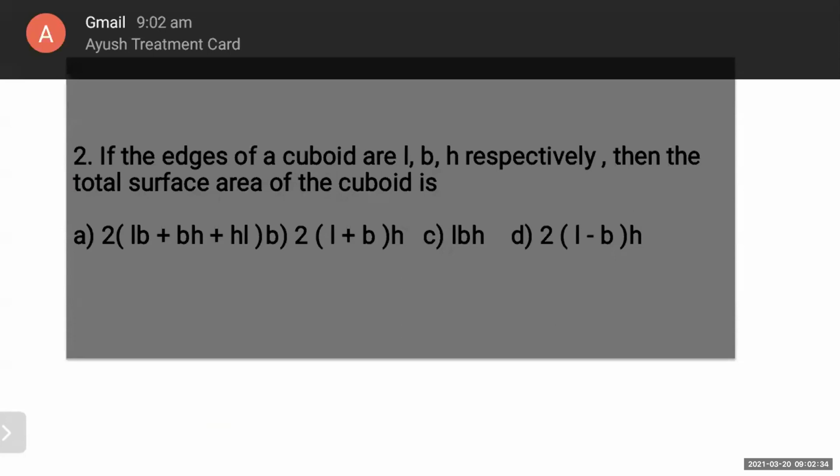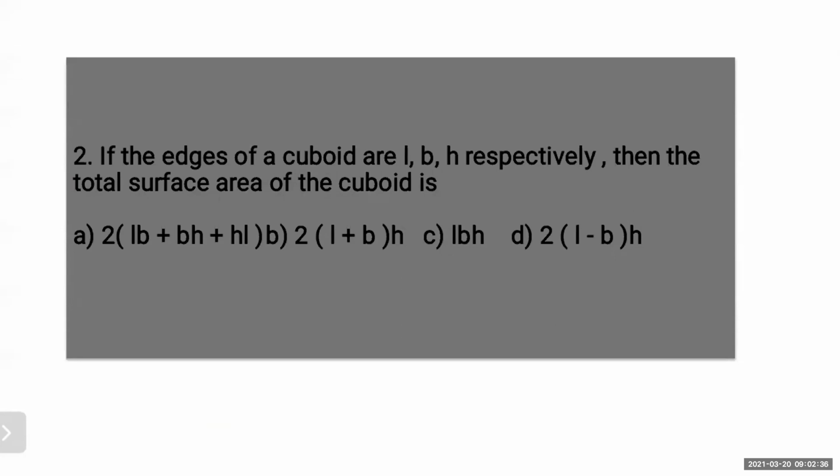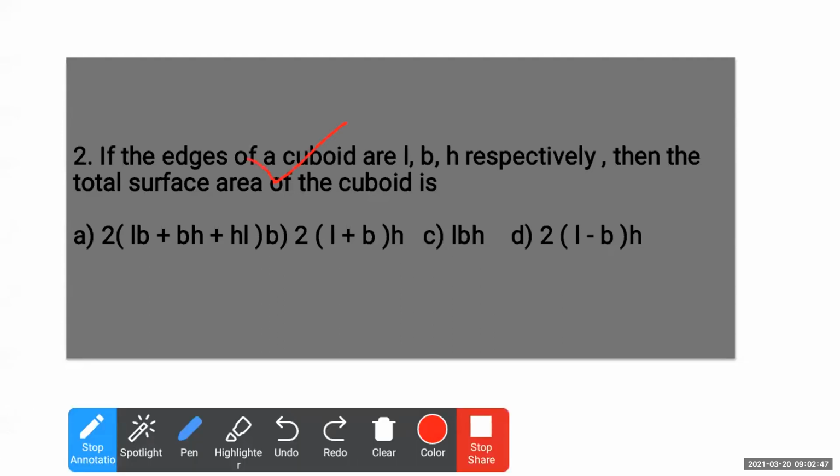So here, if the edges of a cuboid are length, breadth, and height, that is L, B, H respectively, then the total surface area of the cuboid is. Now, we have just seen the total surface area of the cuboid. The formula is 2 into length into breadth plus breadth into height plus length into height, or height into length.